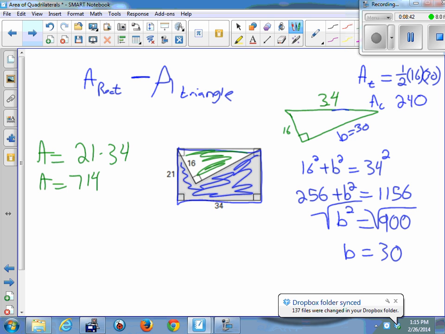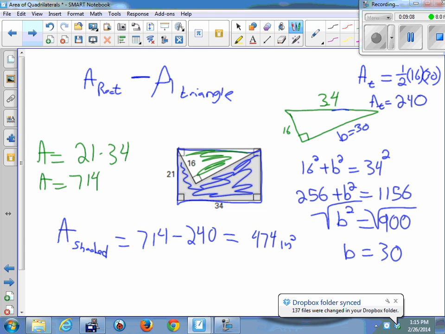So the area of my triangle equals 240. And then we're going to just subtract it from 714. So the area of my shaded region is 714 minus 240, which is also equal to 474. We're going to go inches squared on this.